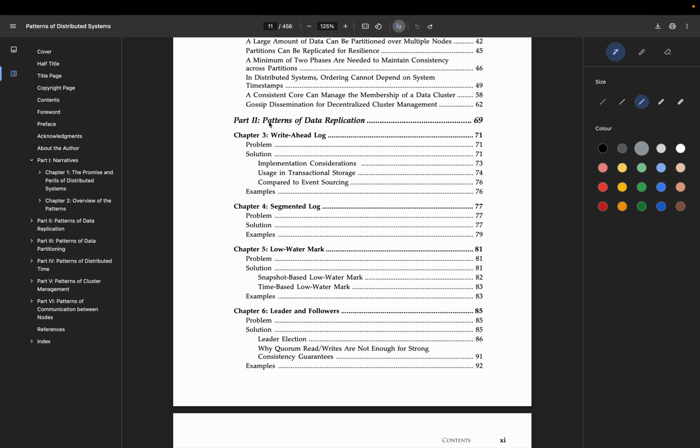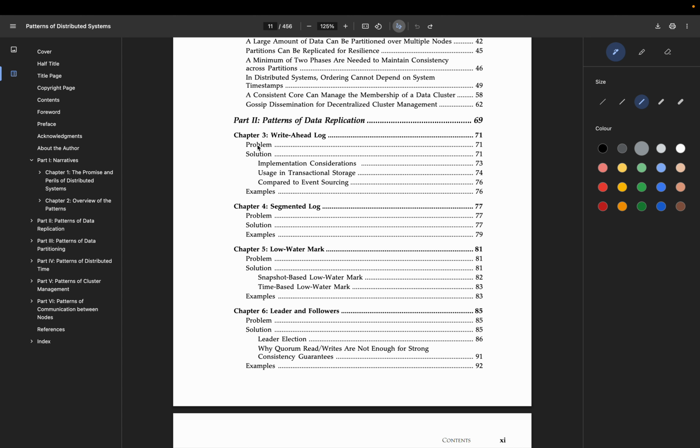Then in part 2 we have patterns of data replication, with a couple of very interesting chapters like write-ahead log or segmented log, low watermark, and leader and followers. These are very good concepts. Once you understand them, you can literally design any system at scale and with full understanding. So these are very important chapters we'll go through. The way they have organized it is super cool.